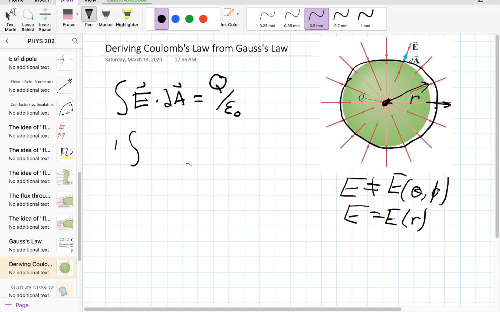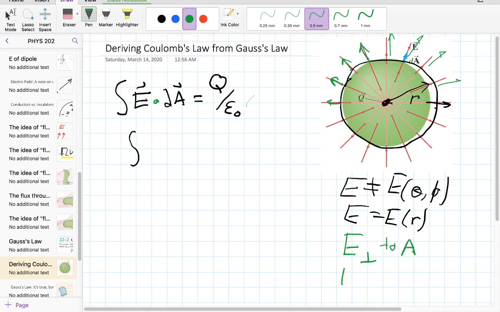So if the electric field is constant everywhere on the surface of that sphere, then I can just pull it out. Well, actually, there's one more thing I have to take care of, which is the dot product. We can also tell from the symmetry of the situation that the electric field has to be radially out from the origin. If the electric field is radially out from the origin and the normal vector of a sphere is radially out from the origin, then the electric field is always parallel to dA.